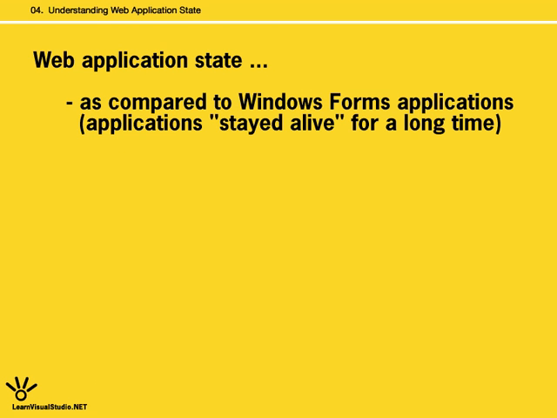When you used C# in the past to create Windows Forms applications, you didn't have to worry a lot about the state of the application because the applications you built started up, ran for a few minutes or for a few hours, and then when the user shut it down, the program was cleared out of the computer's memory.